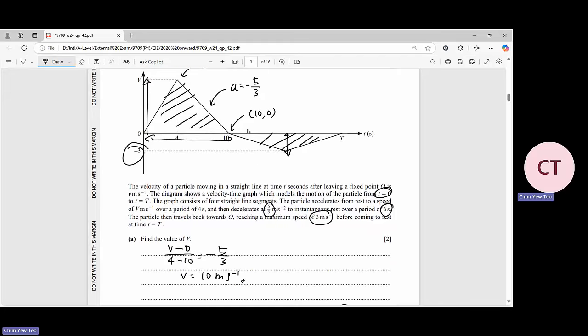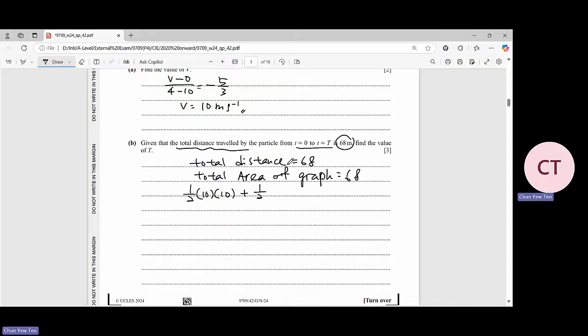So the base over here is T minus 10. So it will be half times (T minus 10) multiplied by 3, plus the first area, equal to 68. We simplify: the first triangle gives 50, and the second gives 3 over 2 T minus 15, equal to 68. And then just press the calculator and solve everything. You can get the answer as T equal to 22. So that will be the answer for question number 1b.